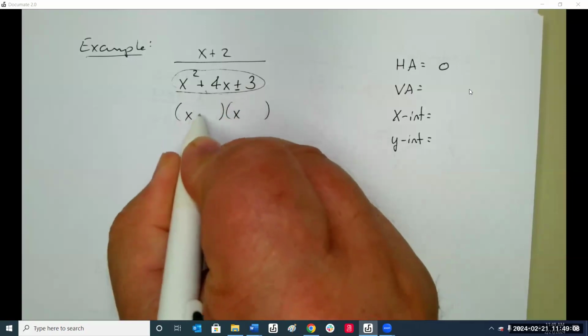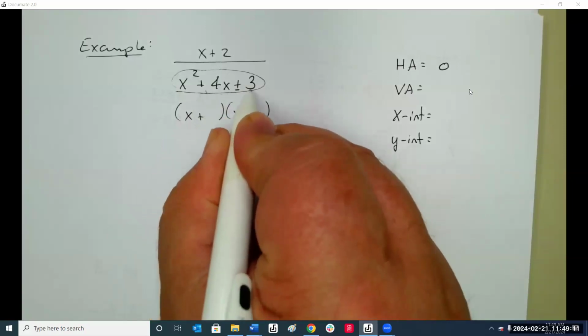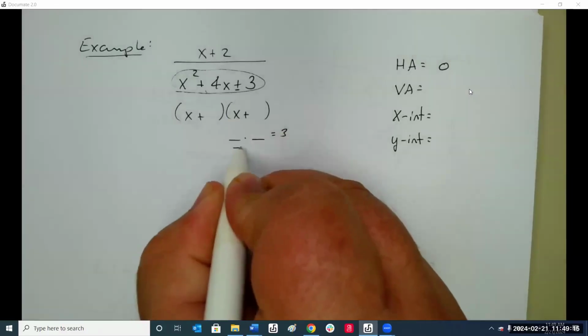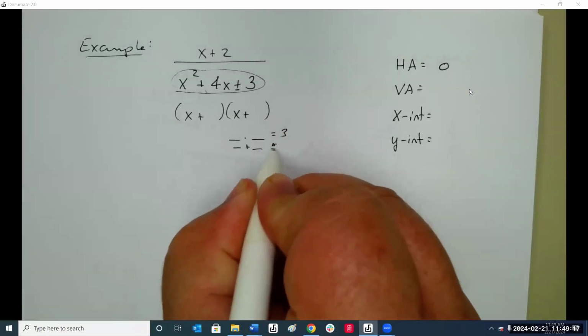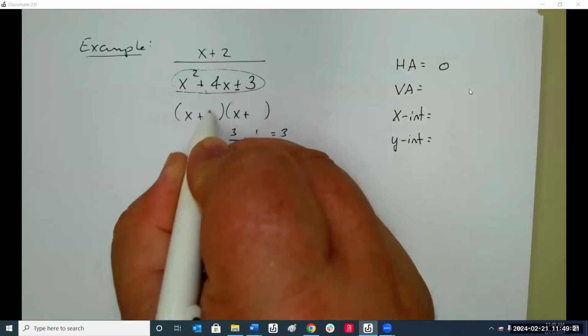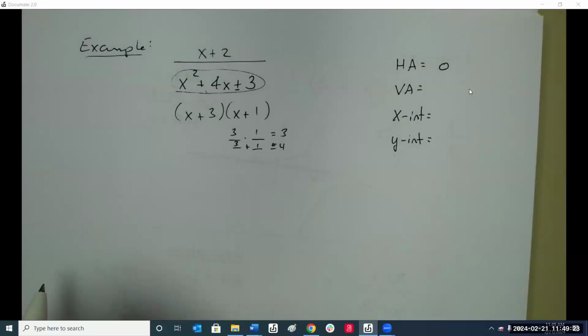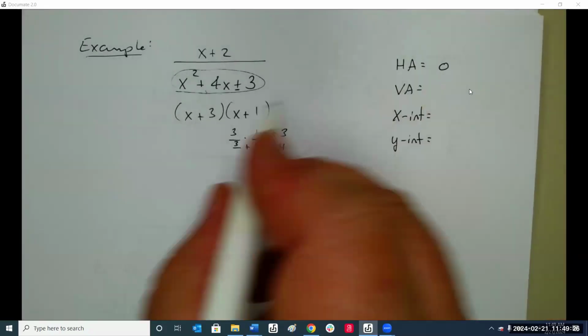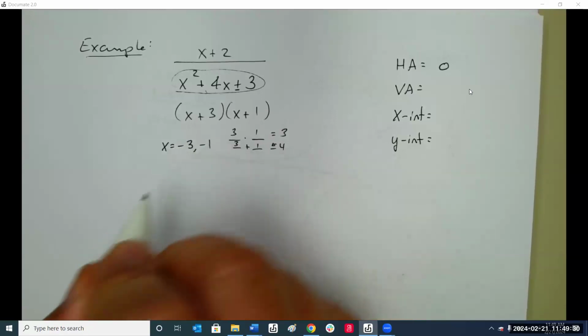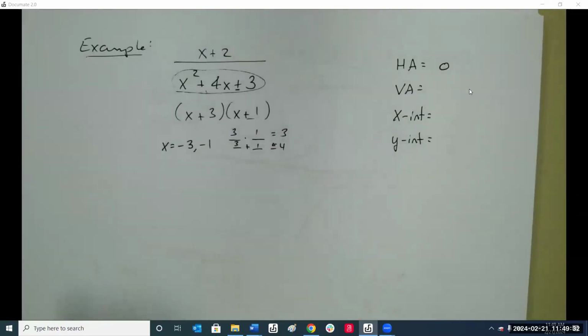They're both pluses. What times what is 3? When we add them, we get 4. 3 and 1, right? So my vertical asymptotes are at -3 and -1. It's just the opposite of what's inside there.